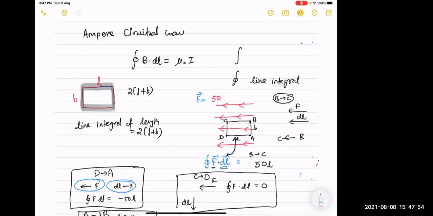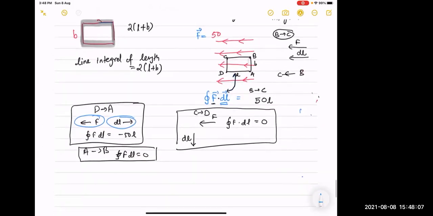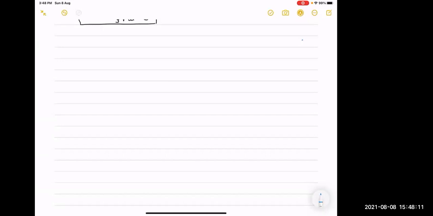Now let us apply this law. This Ampere Circuital Law is not the same but similar to Gauss's law in electrostatics.